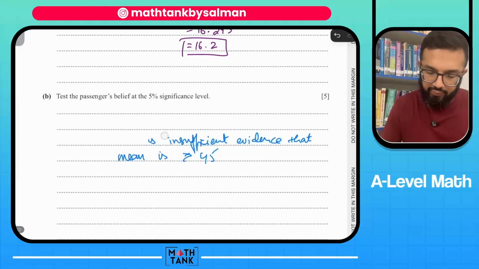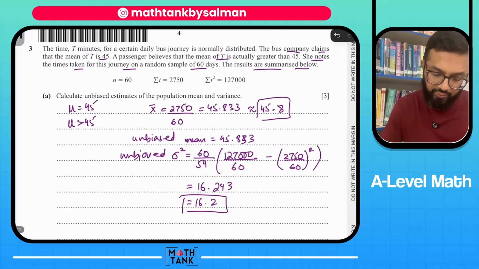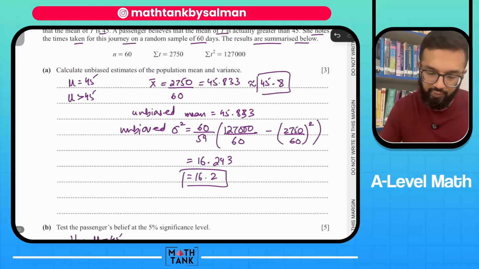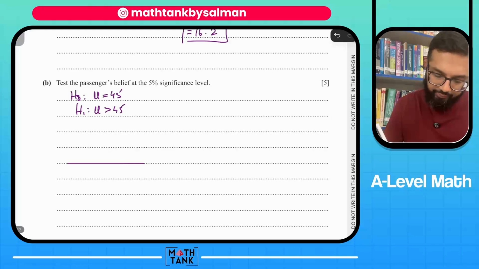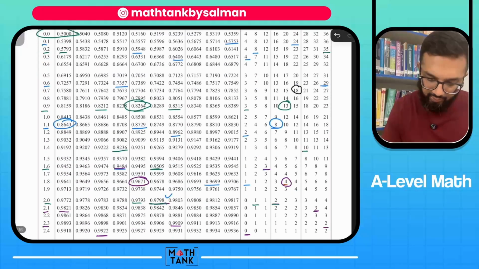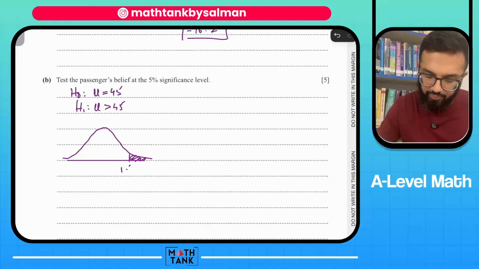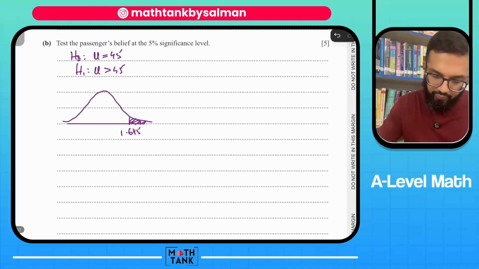Test the belief at the 5% significance level. So I'm now going to write my null and alternative hypothesis. I noted it down earlier. So mu equals 45, and I'm hypothesizing that it's greater than 45. Then I draw my critical region at 5%. So what am I getting at 5%? 95% is 1.645.